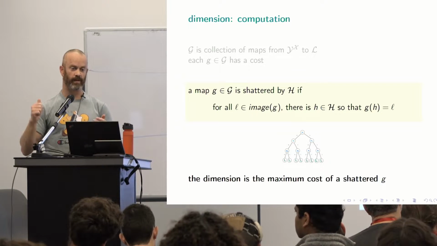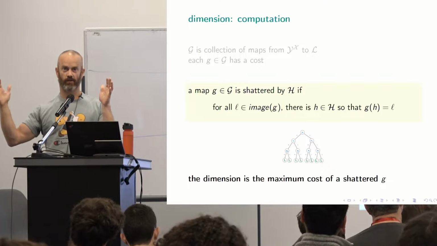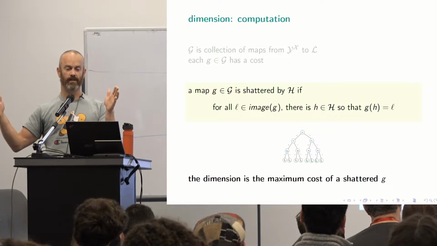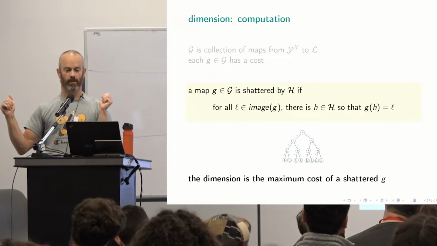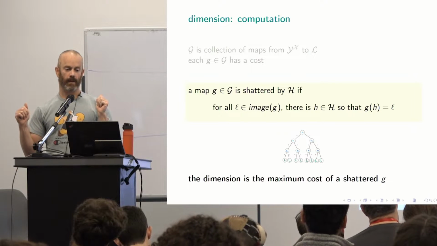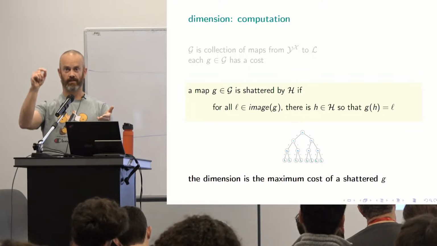Okay? So in this way, we can define that a collection of functions H, which in the standard setting is just a collection of Boolean inputs, so every function is like a Boolean string, shatters a decision tree if it reaches every leaf in the decision tree.